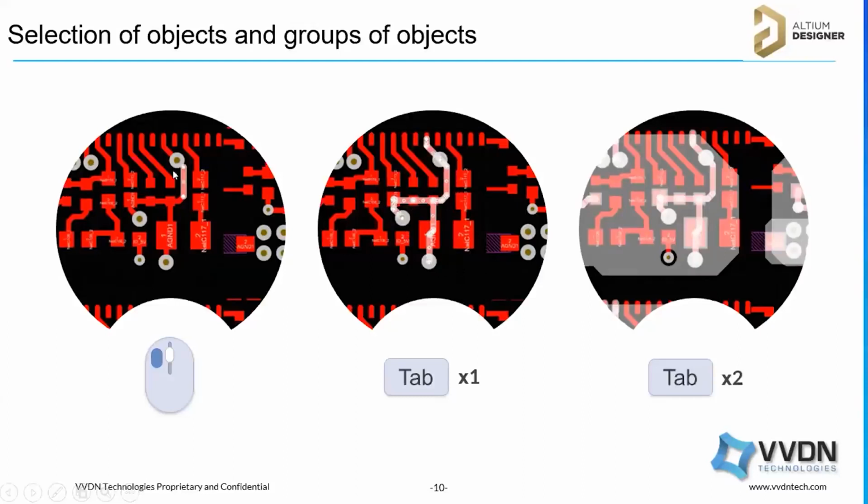Instead you can select any segment or via, and by pressing the tab button, it will select the complete segment, and if you double tap, it will select the overall net, the complete net. If this signal is routed in the bottom layer, double tap will select that bottom layer routing as well. This will be useful for deleting or changing the track itself. We can use it in many ways, right?